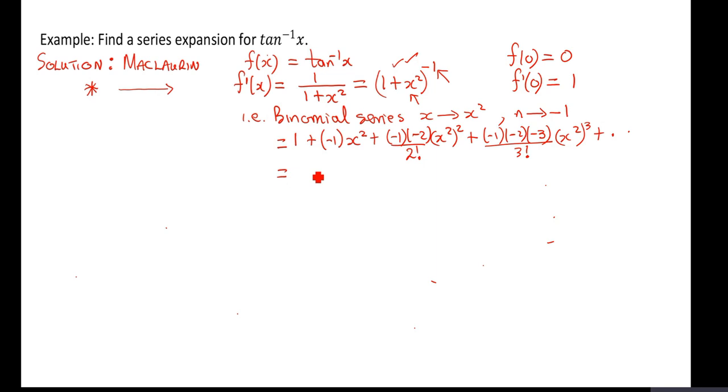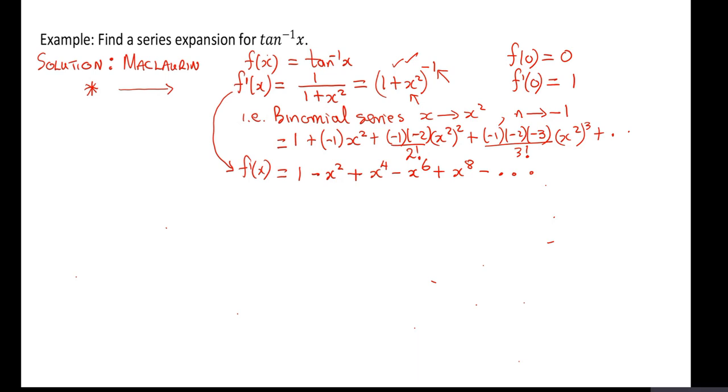And then simplifying that, I get 1 minus x squared. Just watch your calculations, watch your signs, minus x to the power 6 plus x to the power 8 minus, and so on. So that is my first derivative, but using binomial series to simplify.